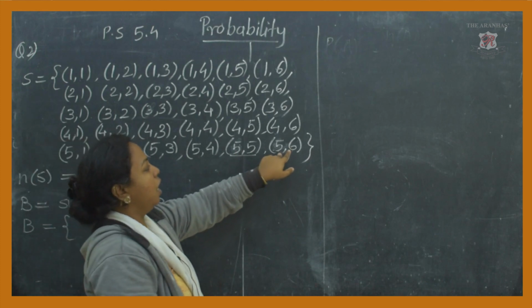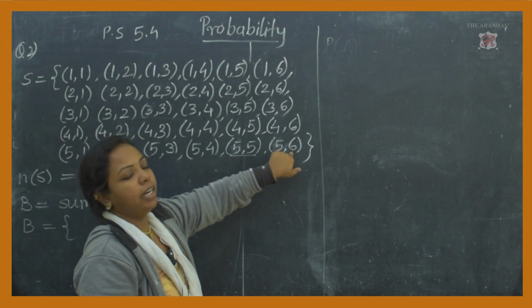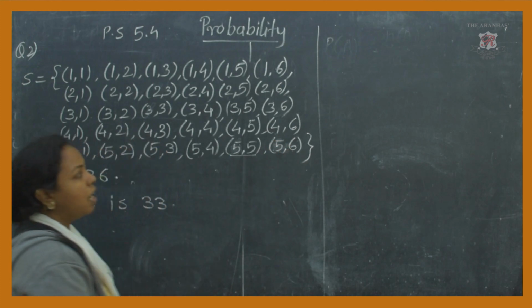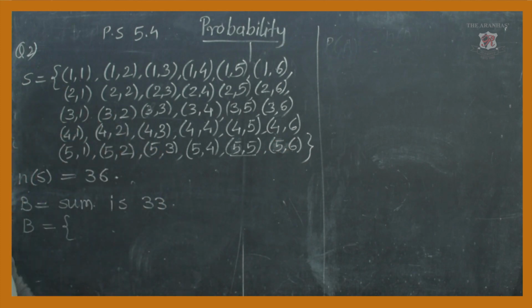If you can see, the maximum sum is 11, 5 plus 6 or 6 plus 5, 11. We are not getting the sum 33 anywhere. So, we cannot take any number in this bracket, because we don't have any number whose sum is 33. So, n of B is 0.